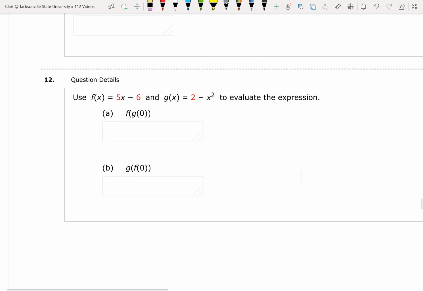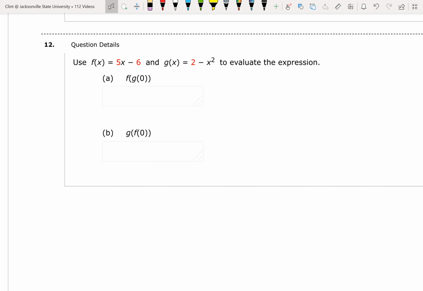That's that. Number 12. We got some composition to do here. So on this first one, we're doing f of g of 0. So to find g of 0, we'll plug in 0 here. So that's 2 minus 0 squared, 2 minus 0.